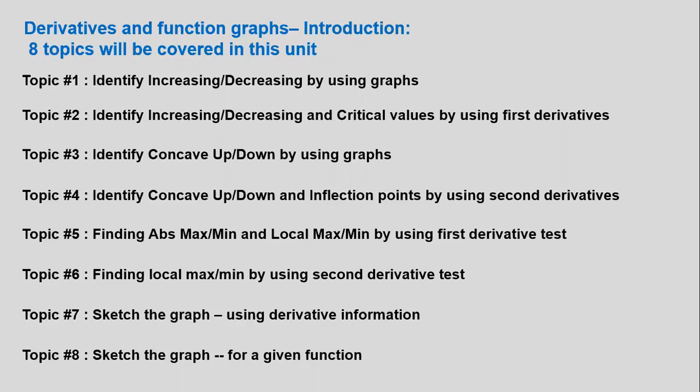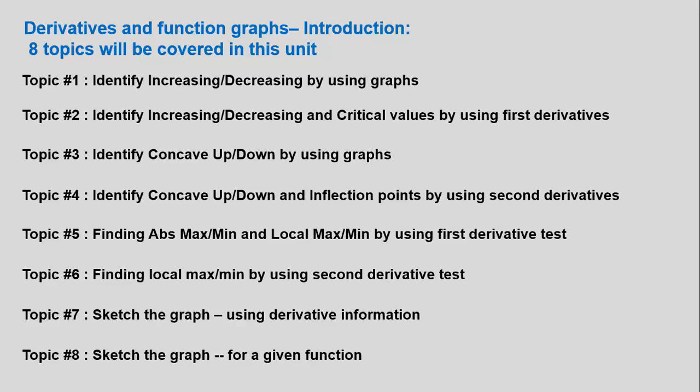Then practice set number 4 gives you a function, an equation. How do I use the second derivative to determine if it is concave up or concave down, and how do I find inflection points using the second derivative?